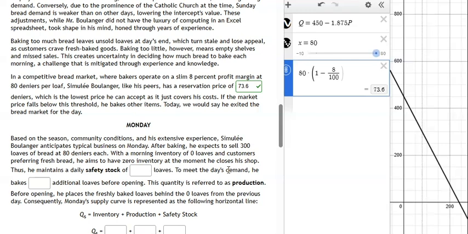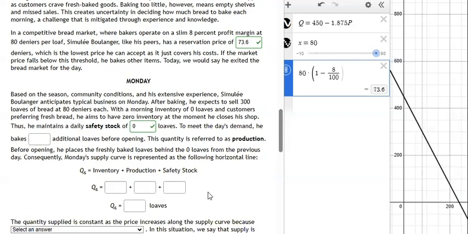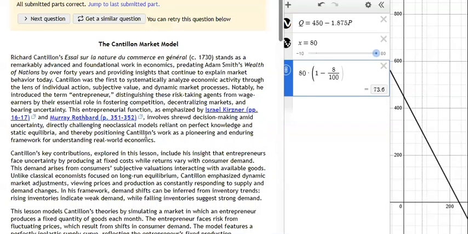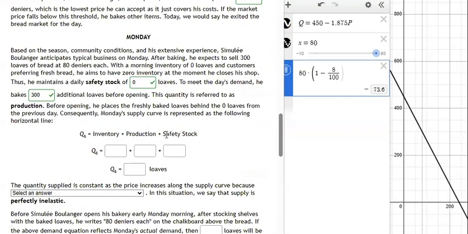Thus, he maintains a daily safety stock of 0 loaves. To meet the day's demand, he bakes 300 loaves because he expects to sell that many at 80 deniers per loaf. This quantity is referred to as production. Before opening, he places the freshly baked loaves behind the 0 loaves from the previous day. Consequently, Monday's supply curve is represented as the following horizontal line.